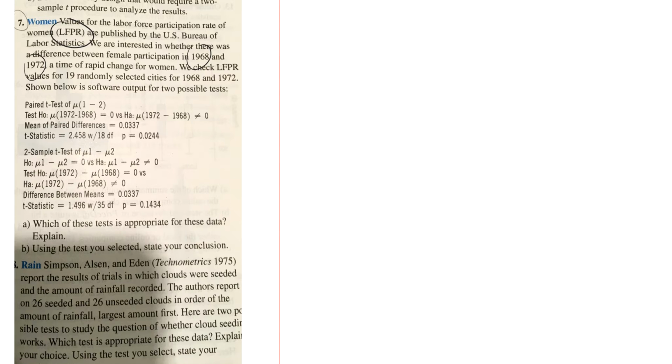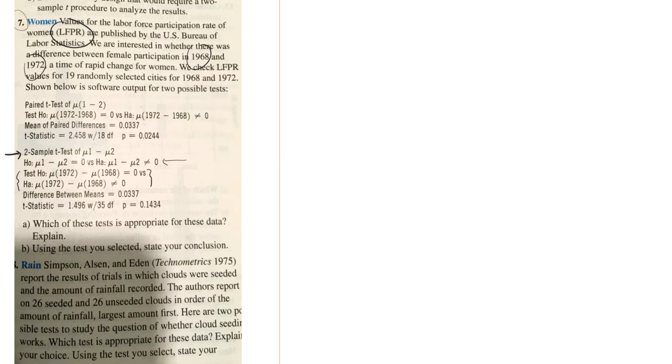Let's do this one first. This is a two-sample t-test of mu1 minus mu2. H0 is mu1 minus mu2 is 0. HA, I'm reading right here, is mu1 minus mu2 is different from 0. The test is written right in here. It says we did the average women that participated in 72 minus 68.